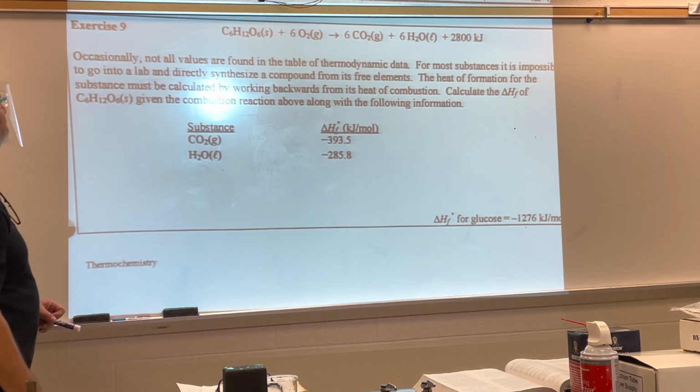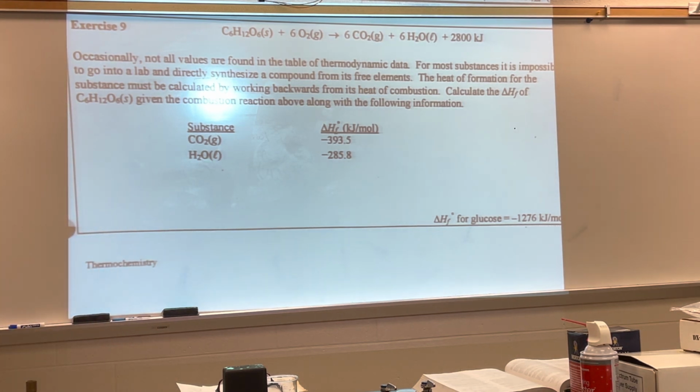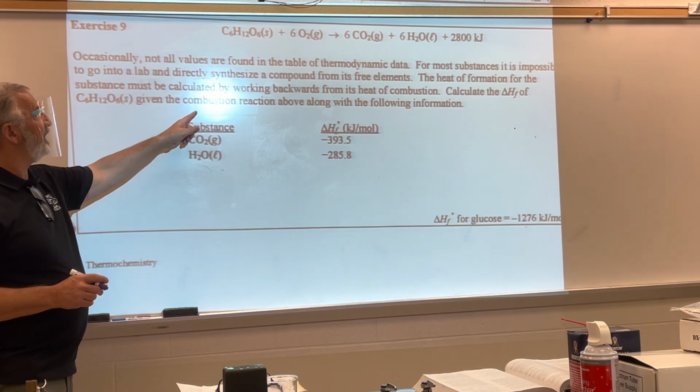It says occasionally not all of the values are found in the table of thermodynamic data. For most substances, it's impossible to go into a lab and directly synthesize a compound from its free elements. The heat of formation for the substance must be calculated by working backwards from its heat of combustion. Calculate the delta H of formation of glucose given the combustion reaction above.